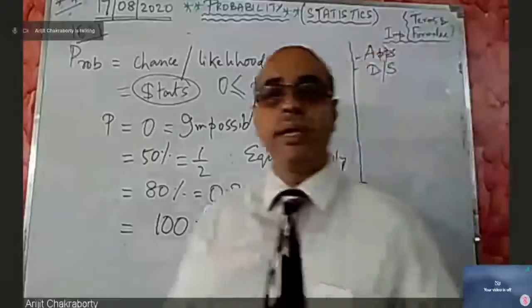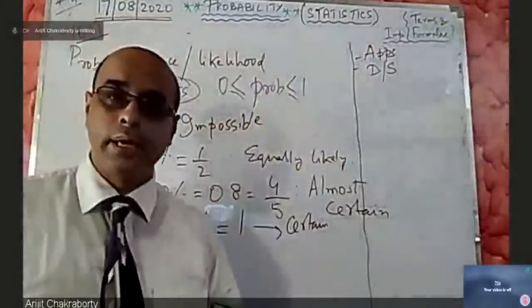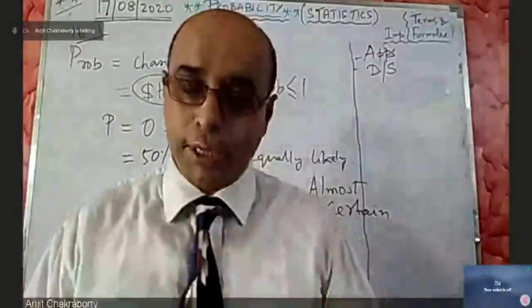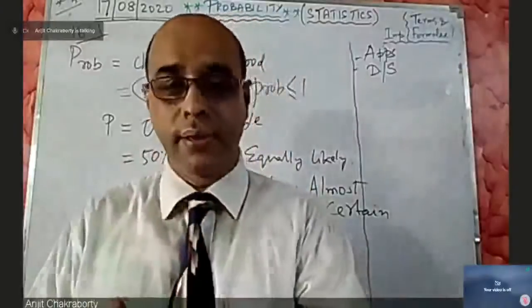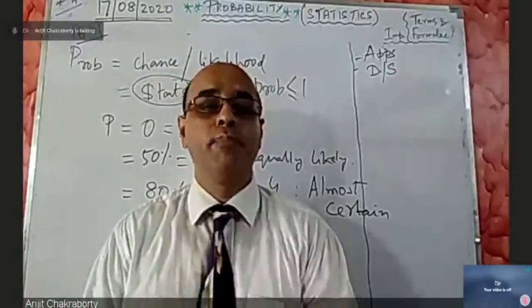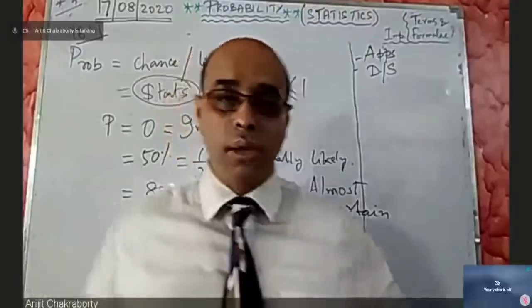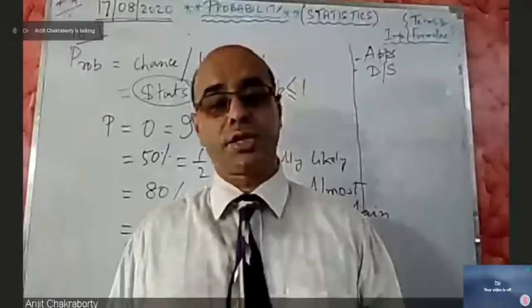So the lowest value is 0, and the highest value of probability is 1. In other words, probability is a fraction. It lies between 0 and 1. So it is more like a fraction. That means in all the examples and numericals we shall be solving, the answer will always be a fraction.